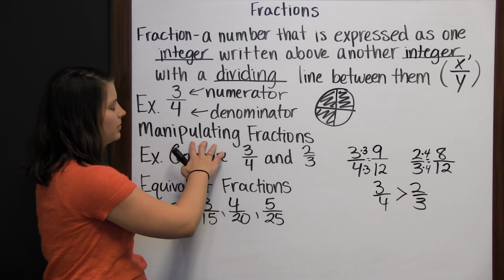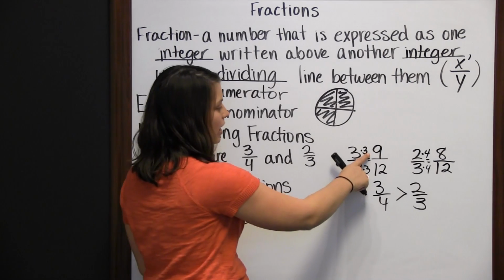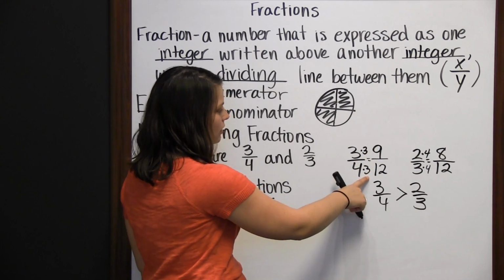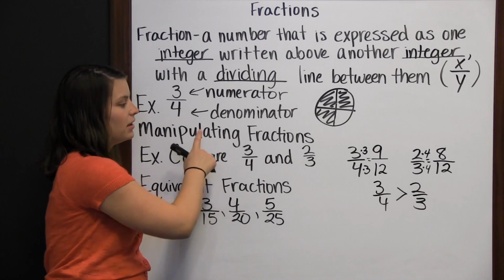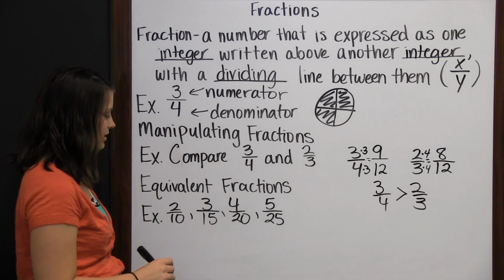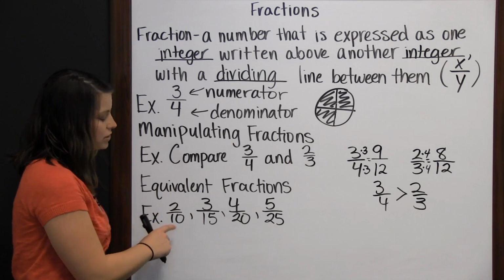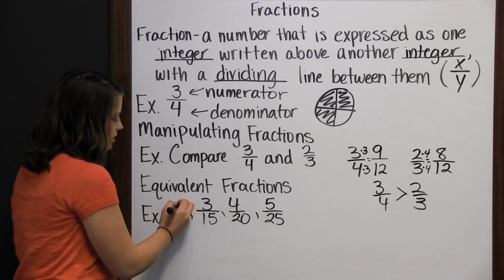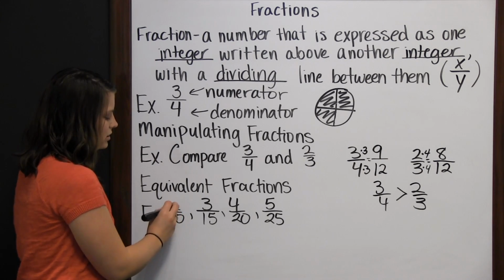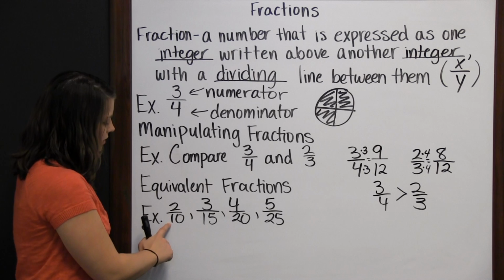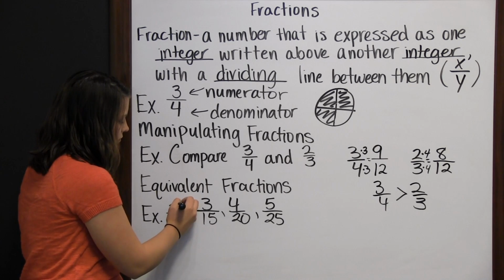So we said we can manipulate fractions by multiplying the numerator and denominator by the same value, or we can manipulate them by dividing the numerator and denominator by the same value.